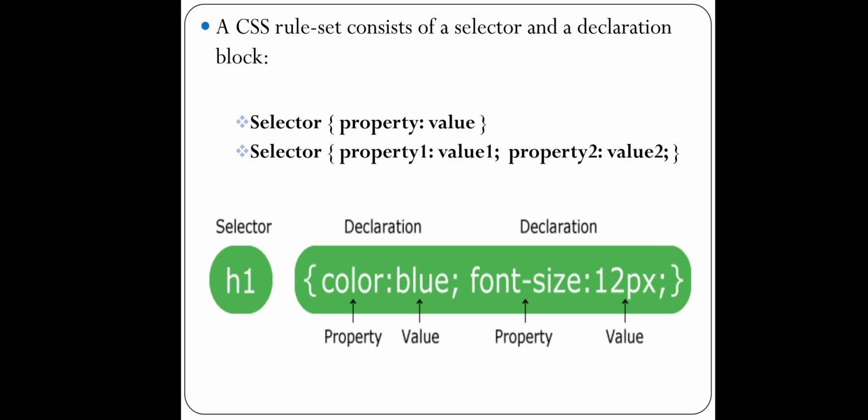Selector is placed first, and then there are curly braces, and in these curly braces you will have the declaration part, that is the property and value pair. Here my selector is H1, meaning whatever text is present in the H1 tag of the body tag of the HTML document will have the styling mentioned in the declaration part.